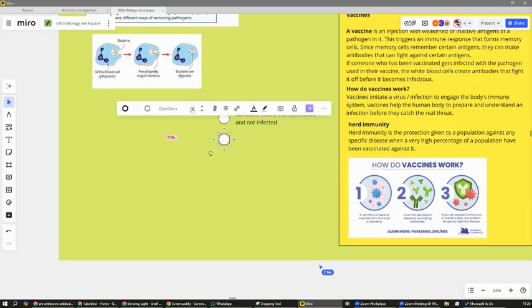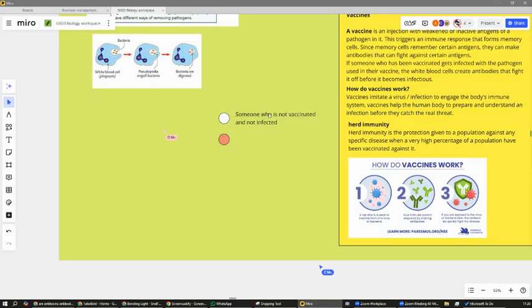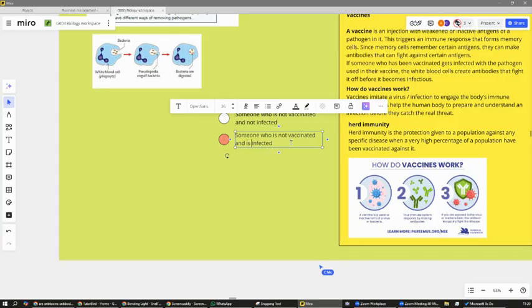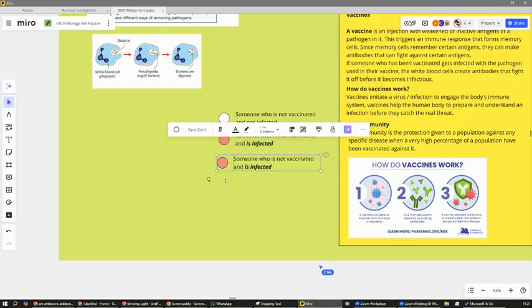And then maybe a good colour to use would be red. And this is someone who is not vaccinated and is infected. Let's do infected in bold. And then we're going to have, let's do blue.